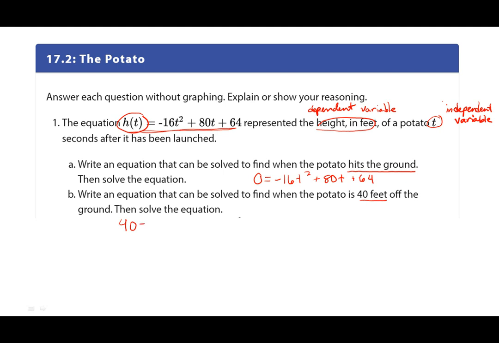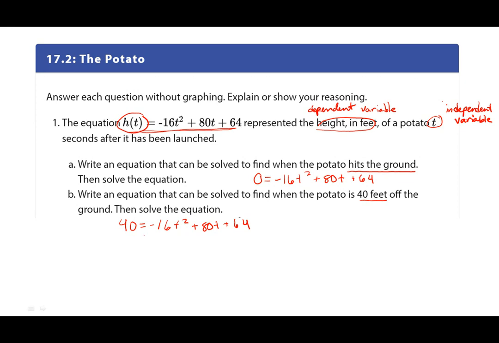So 40 feet is equal to our negative 16t squared plus 80t plus 64. All right, so 40 equals our quadratic expression, because 40 is the output or the height after t seconds, and we want to find out what t is.